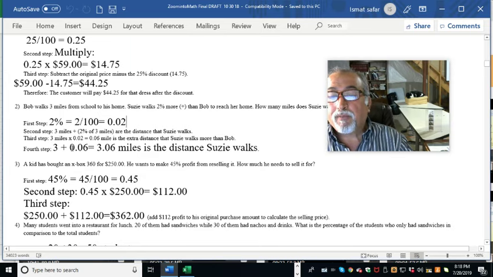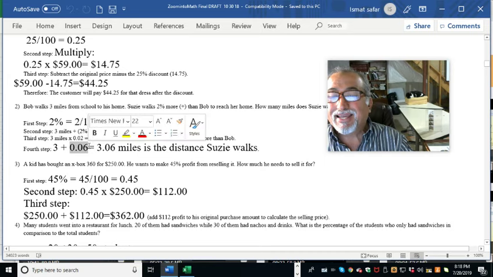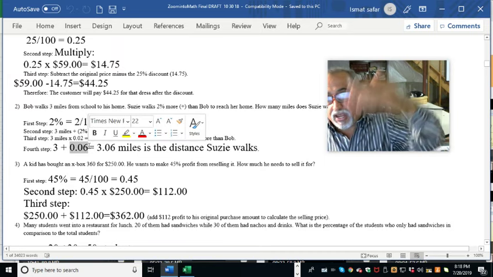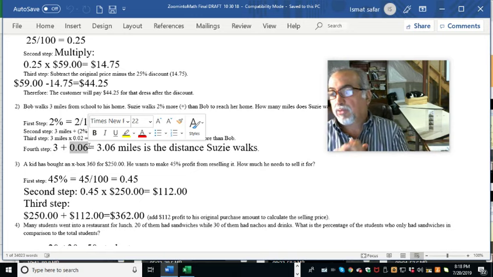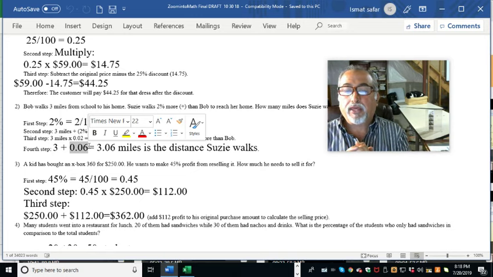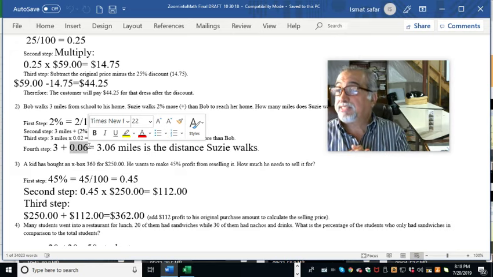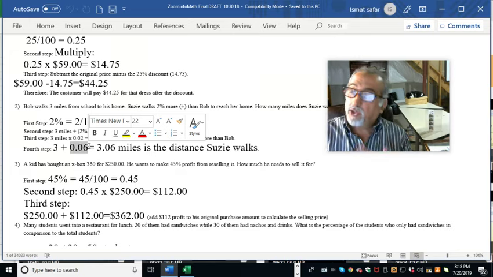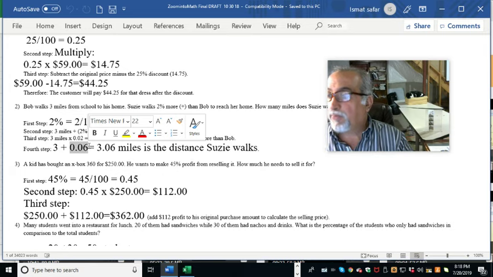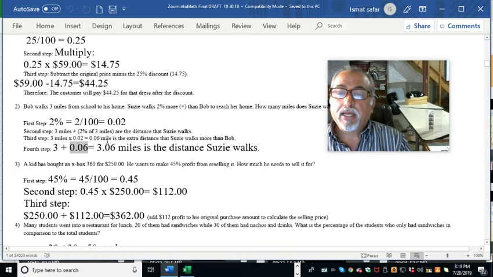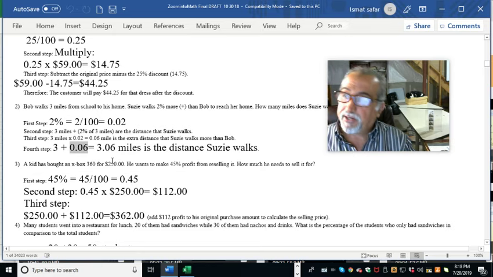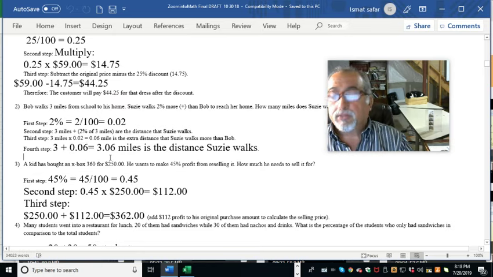So Susie walks 2% more than 3 miles. So 3 miles plus 2% of 3 miles. So 3 plus 0.06, which is 0.02 of 3. You follow me?